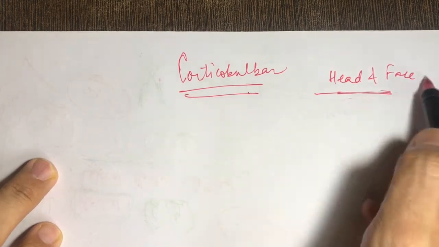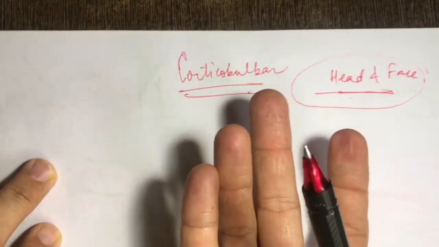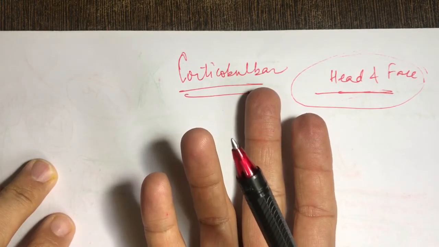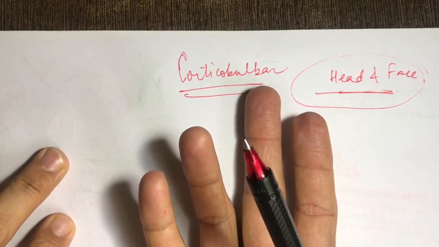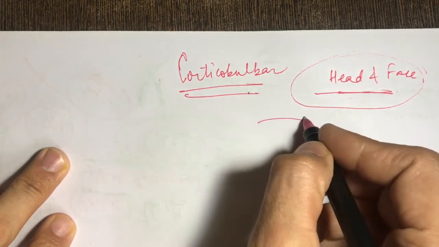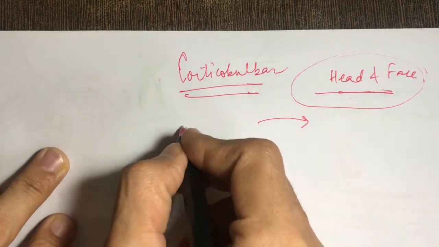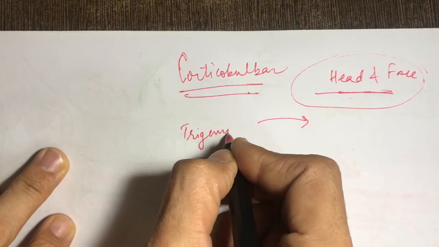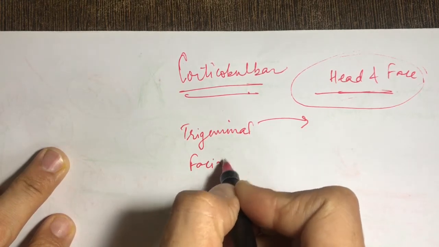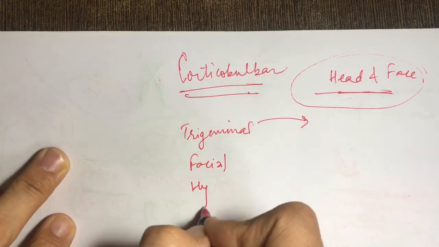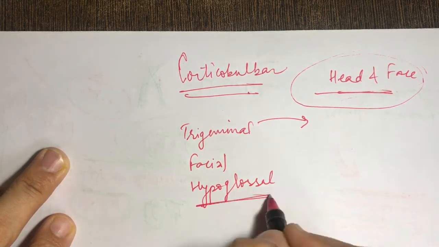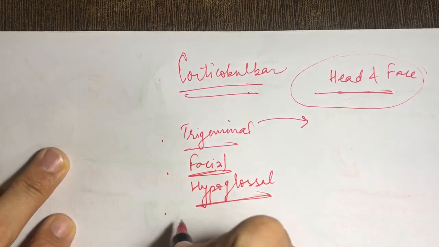They terminate in the cranial nerve nuclei, mostly the motor and sensory cranial nerve nuclei in the brainstem. So in human beings, the corticobulbar fibers form monosynaptic connections with the motor neurons for mainly the trigeminal, the facial, and hypoglossal nerves. These three nerves: facial, trigeminal, and hypoglossal.